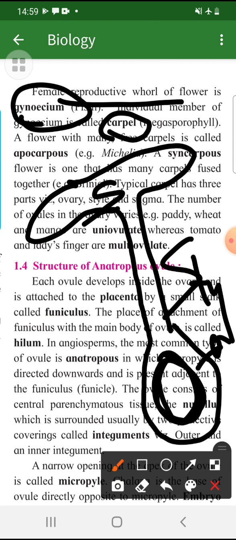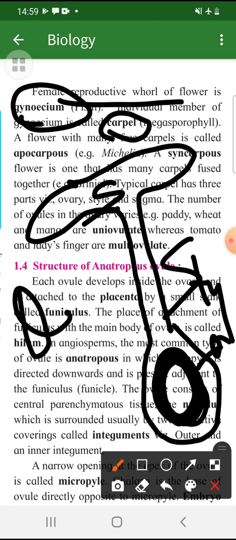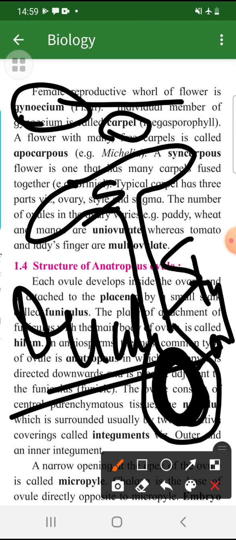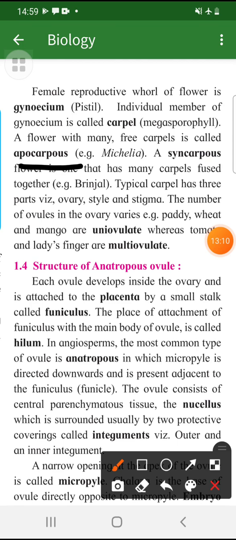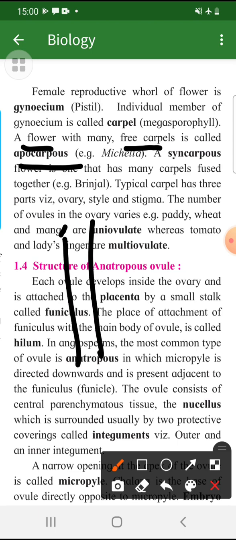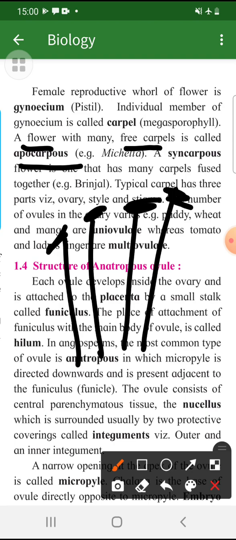Ovary के अंदर है हमारा female gamete. Okay, so it is the ovule. You have to remember that ovule. We have certain terms which we have to remember. This one, first term, it is the apocarpous. एपोकार्पस का मतलब जब एक फ्लावर के अंदर बहुत सारे कार्पल्स फ्री होते हैं, सेपरेट सेपरेट. स्टिग्मा इज सेपरेट. ओके, बट सिनकार्पस क्या होता है?